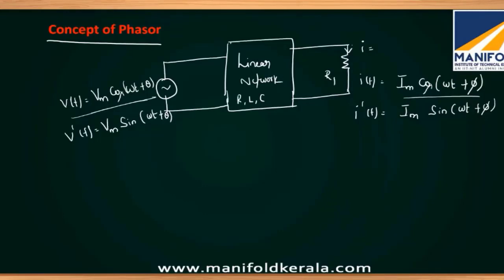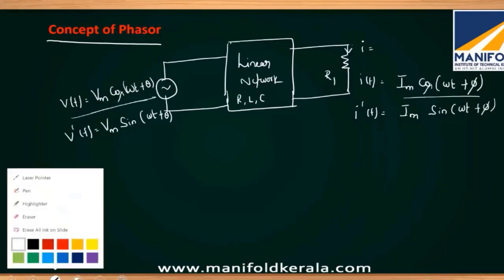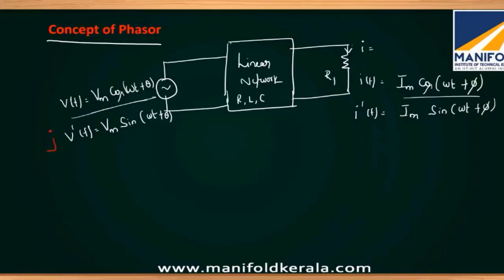Now, for the second input, if I multiply with a scalar constant j, then my response, since it is a linear network, should obey the homogeneity principle. My response also gets multiplied with j. Now I am applying the superposition theorem, that means I am putting both as the input.